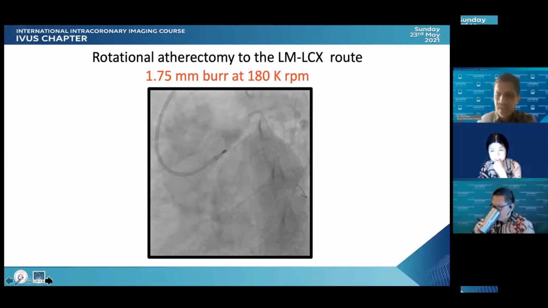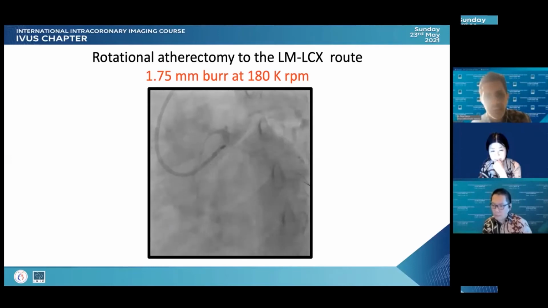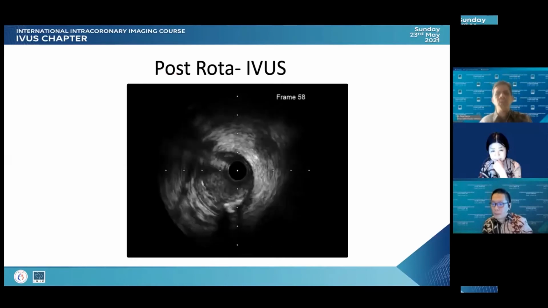After several tries, we managed to get the burr to pass into the circumflex. So I chose the 1.75 because we wanted not only to modify the plaque, but to debulk as well. That's why I chose this burr size. And this is the post-rota IVUS.